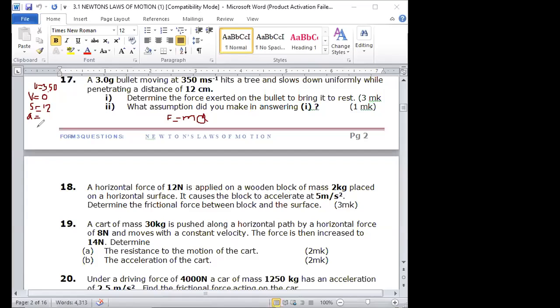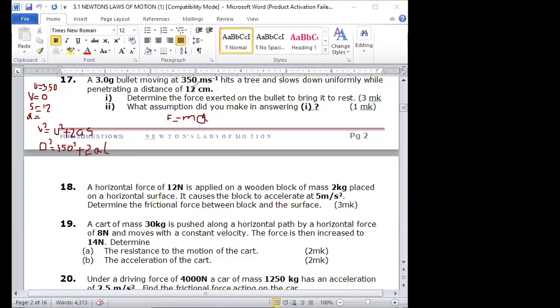Therefore, we are using the formula V squared is equals to U squared plus 2AS. So V squared, 0 squared, is equals to U squared, 350 squared, plus 2A, we don't have it, times S.